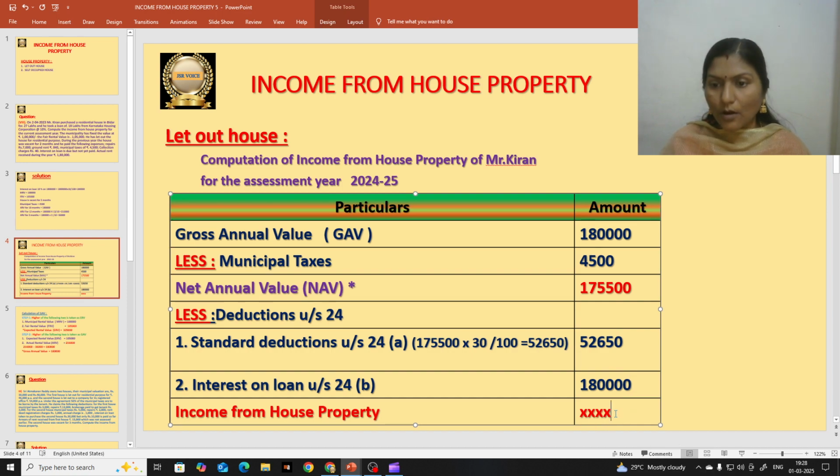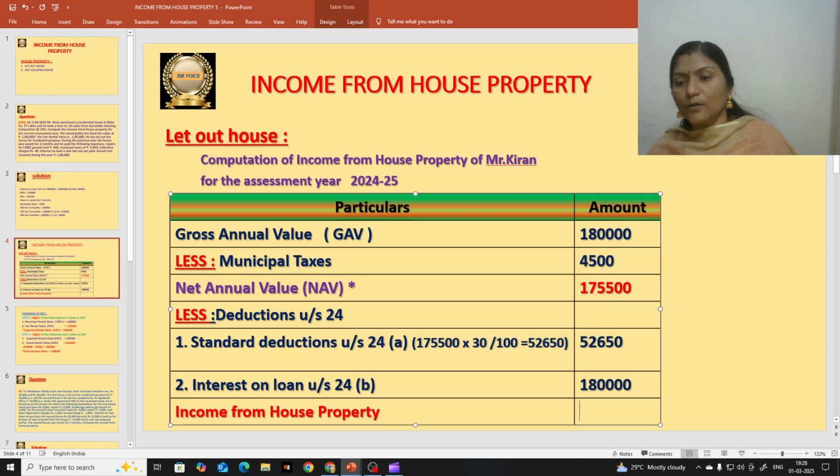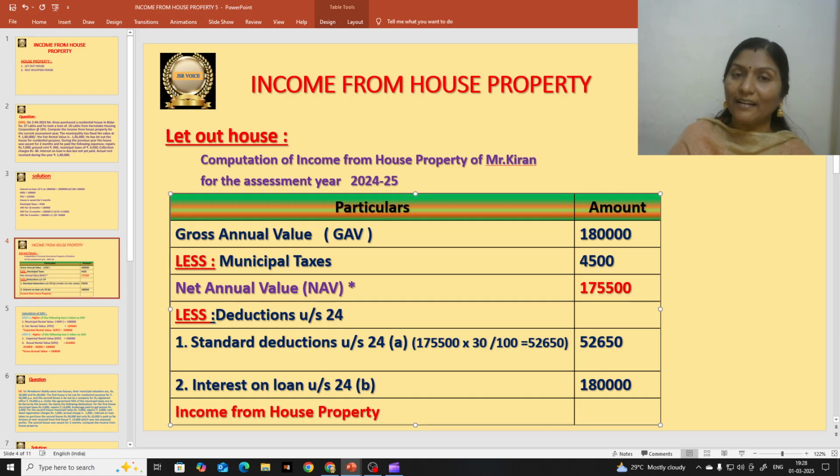Let us deduct this 1,80,000 and 52,650. What is the total of 1,80,000 and 52,650? That is 2,32,650, students. So that deduction amount is more than the 1,75,500 net annual value.